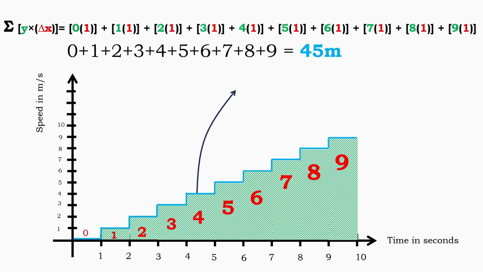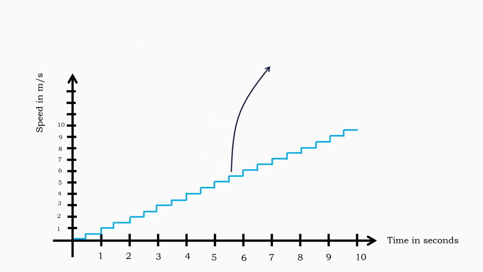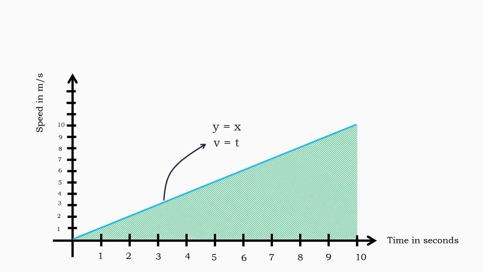What if the speed is not changing in steps of 1 second, but continuously, every fraction of a second? Then, instead of taking time intervals of 1 second, we take smaller intervals, like half a second, or 0.1 second. Now we will get more rectangles, thinner rectangles, and a better approximation of distance. If we keep making the time interval smaller and smaller, the width of each rectangle keeps decreasing.